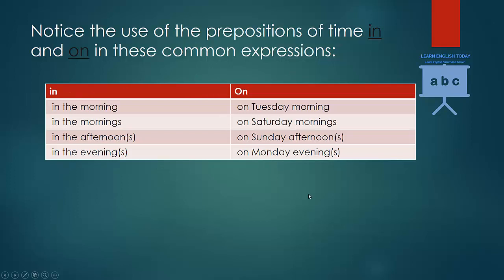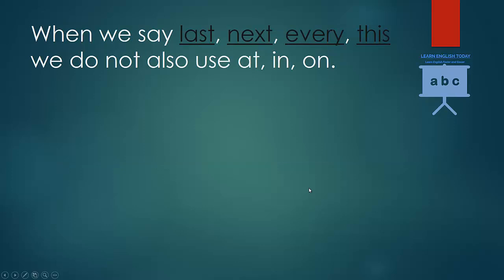Good. Let's go to the next presentation. Look, it is very important that we have these four words: last, next, every, this. Whenever these four words come in the sentence, we do not use at, in, on.